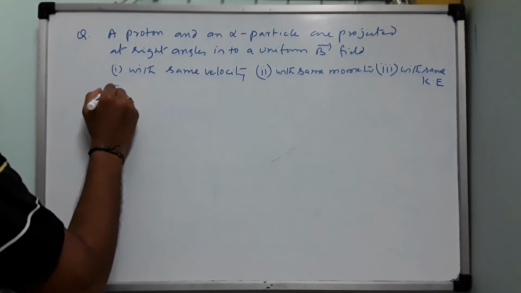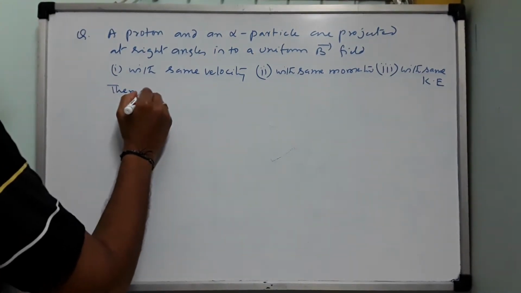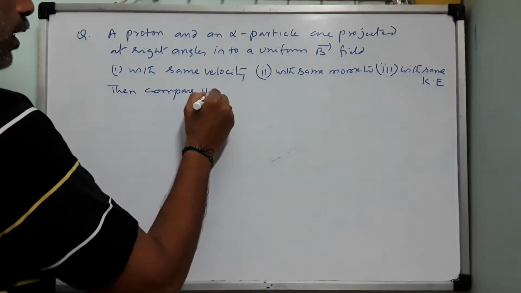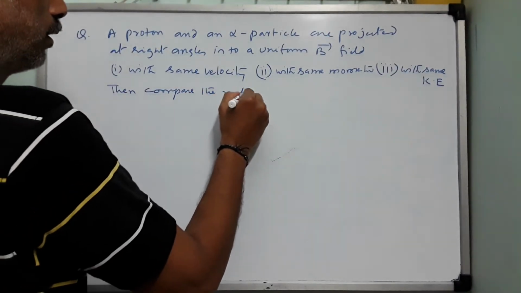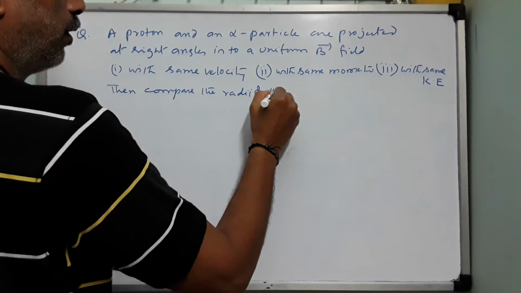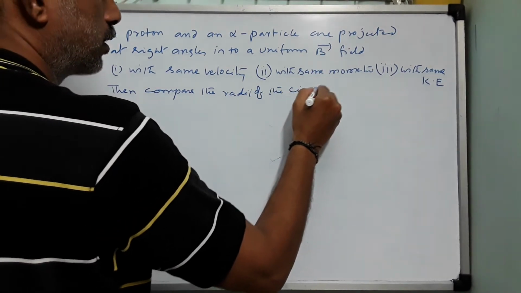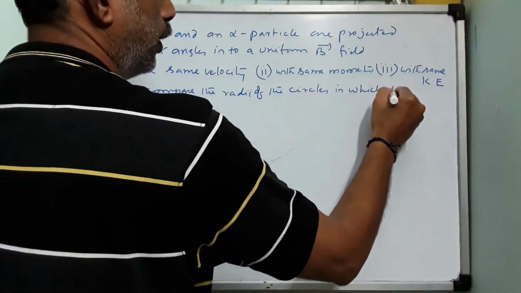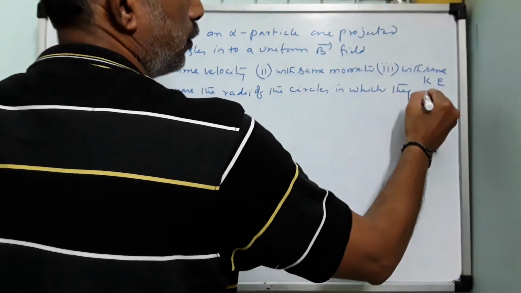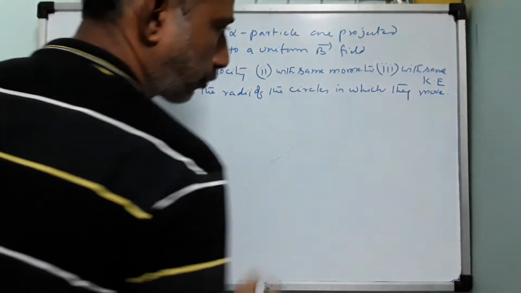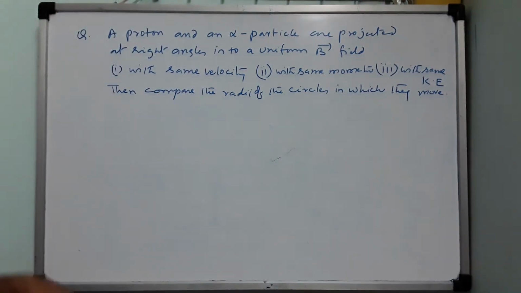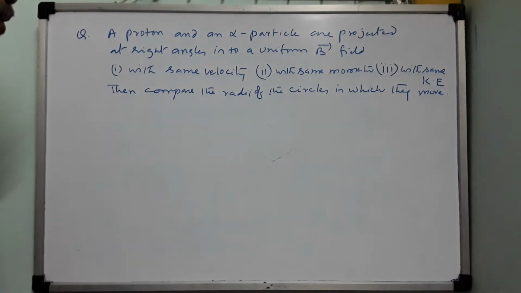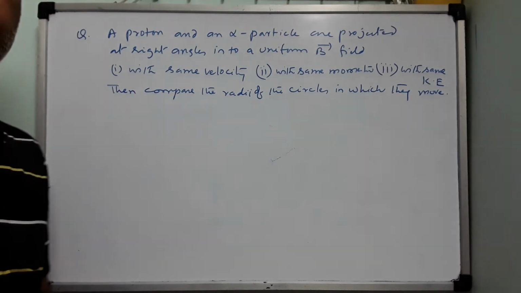Then what is the question? Then compare the radii of the circles in which they move. This is the question. This can be a 1 mark question, a 2 marks question, or a 3 marks question, depending on the number of bits it is asked.